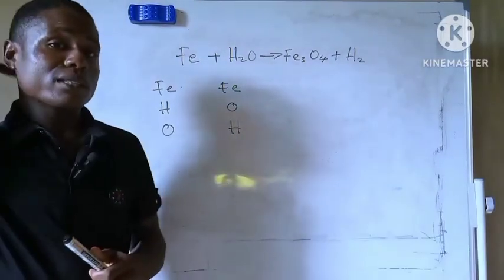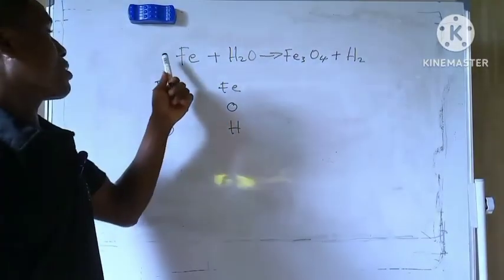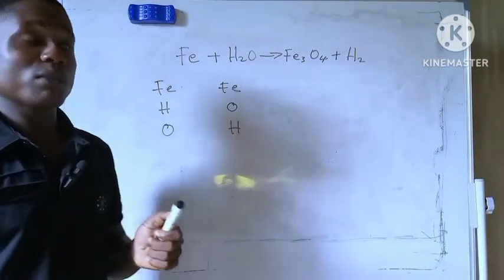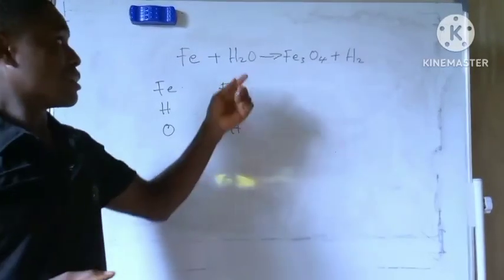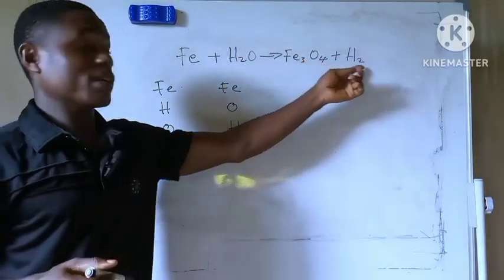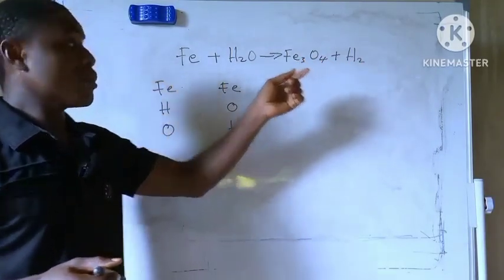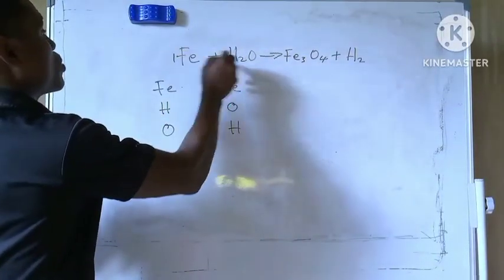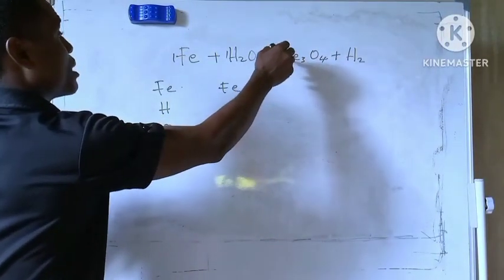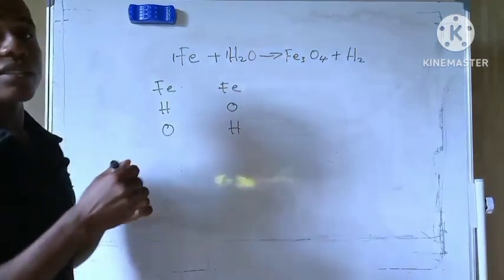In my previous video, I said only the coefficients can be changed, but the subscripts cannot be changed. Meaning the subscripts, these down numbers, can't be changed. But only the coefficient, meaning here we have one, we have one here, but no need of writing it. Are you getting it?